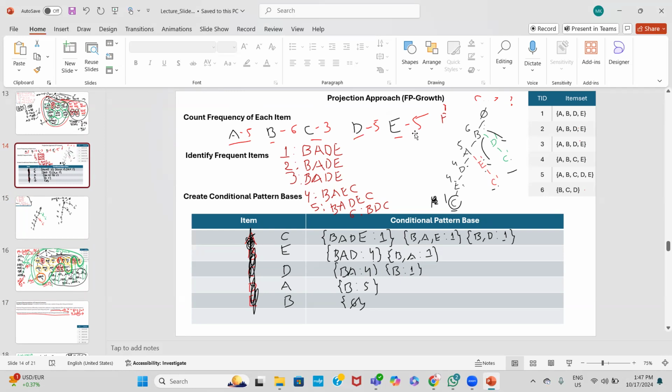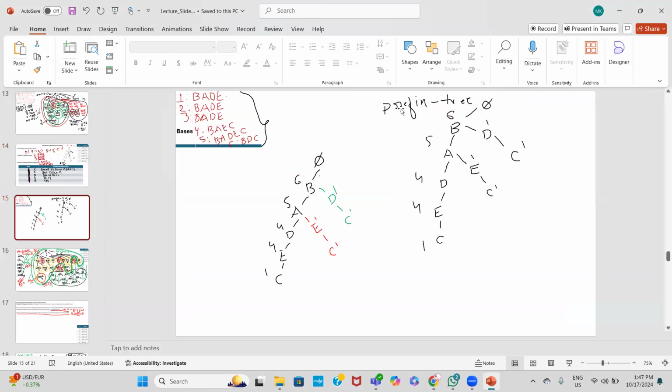Once the frequencies are counted, we sort the transactional data based on the counts of each item. Suppose ABD is there: B has the highest frequency, so we start from B, then A, then D, then E. We sorted all the items in that order and created a transactional data set, right? Once this is sorted, the next step is to construct the prefix tree.